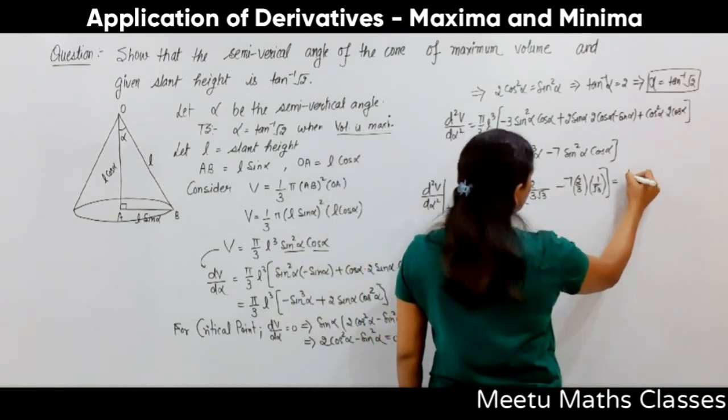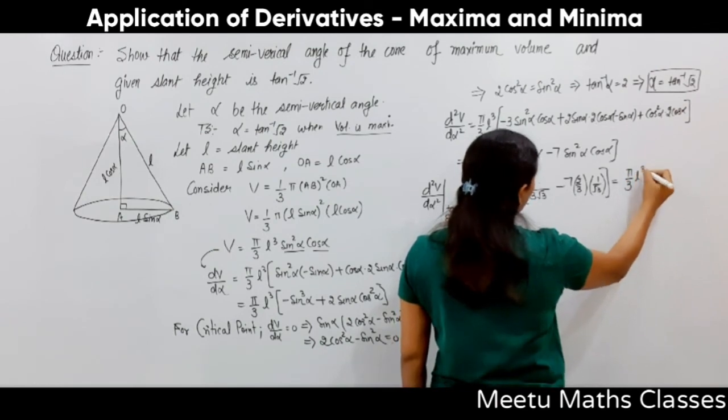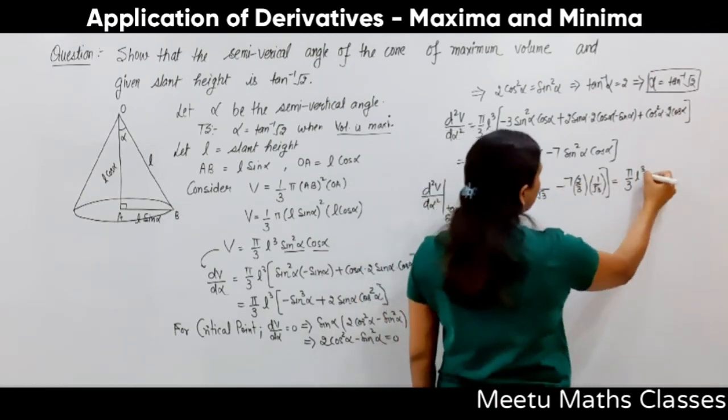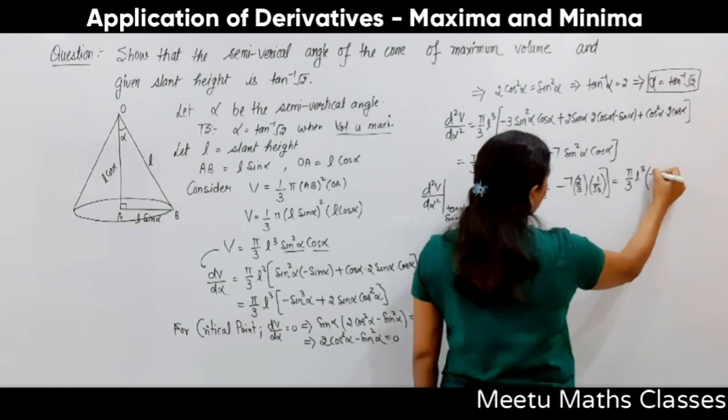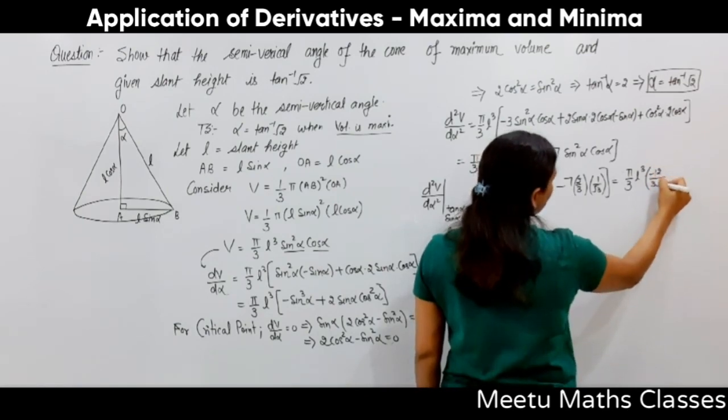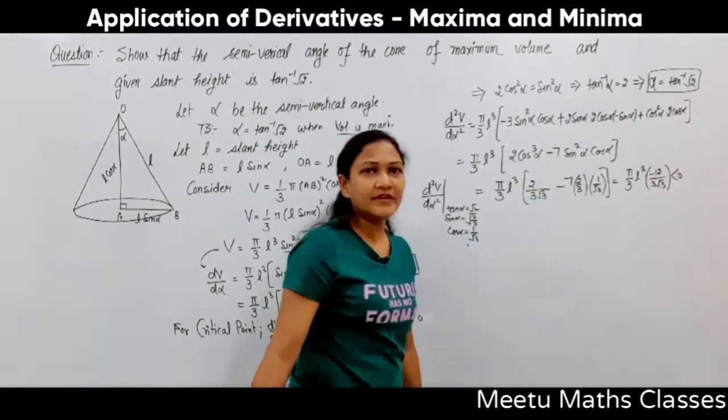This will be pi by 3 L cube times minus 12 by 3 root 3, which is a negative quantity.